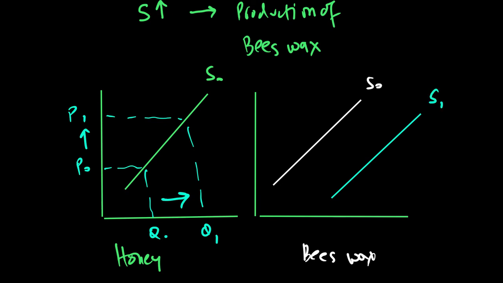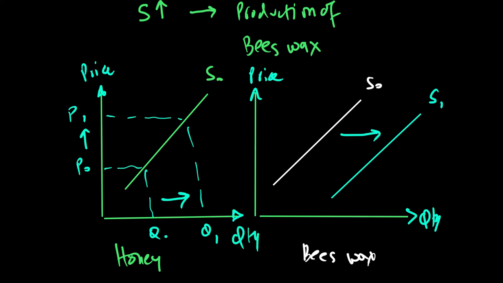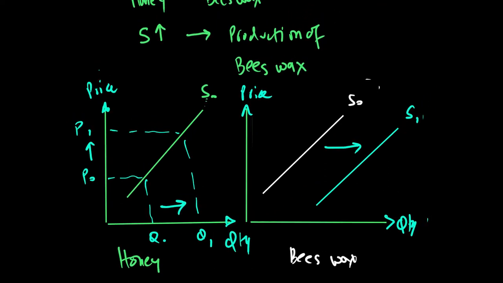And this is an independent factor, guys, which is making this supply curve shift, not a dependent factor, in the sense that it was not because of cost of production or any other reason that the supply has gone to the right, but because you are producing more honey, automatically higher beeswax is produced.